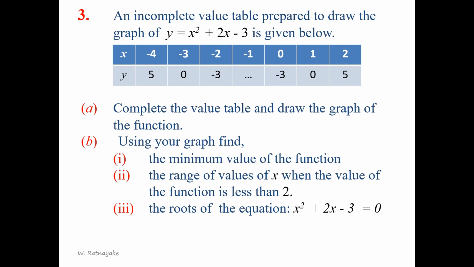We have to fill the table, finding the value of y when x is minus 1. That is, complete the value table and draw the graph of the function. After that we have to draw the graph, and using the graph we have to find the minimum value, the range, and the roots of the equation.